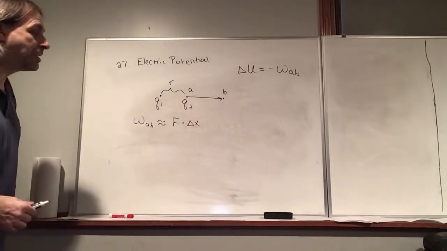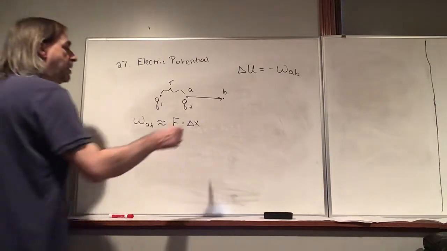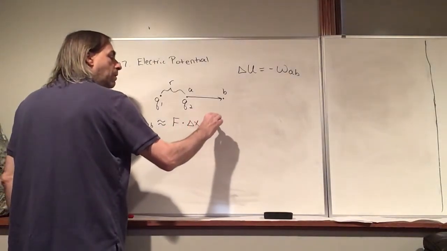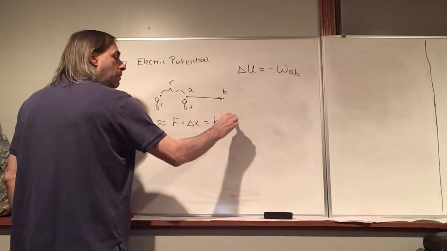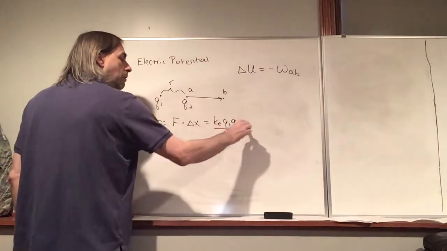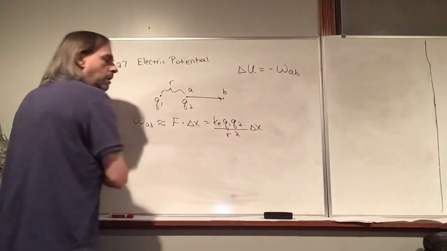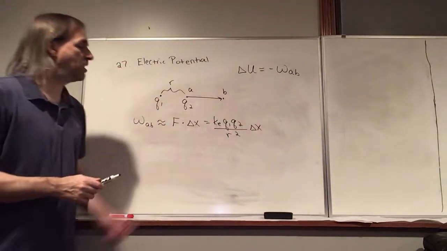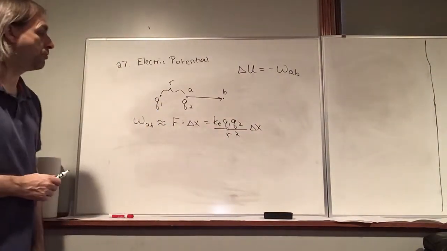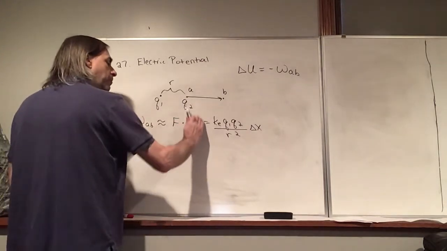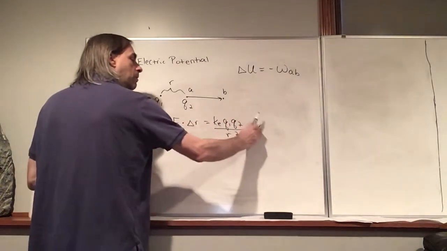Now the reason I say this is approximately equal to is because the force depends on the distance between the charges. I'm not liking this notation. I'm going to call this delta r.